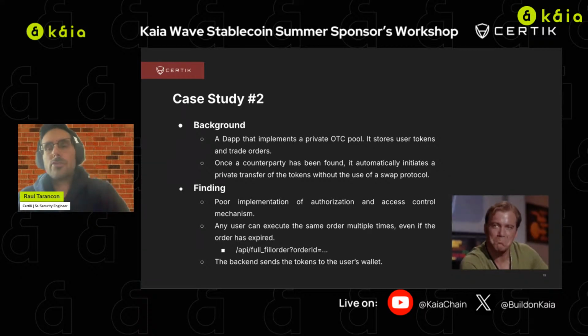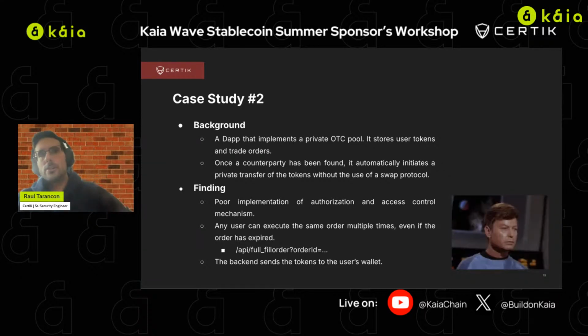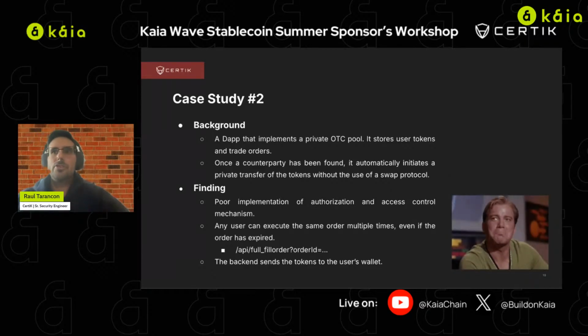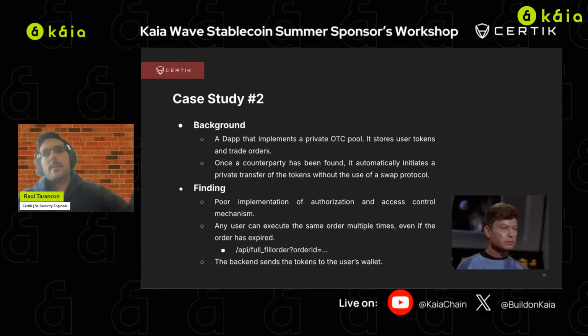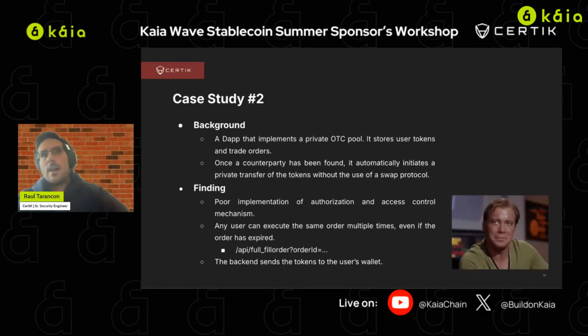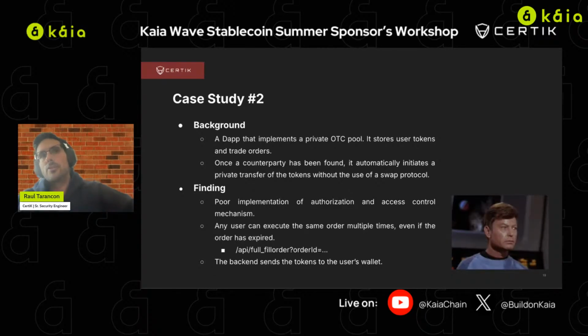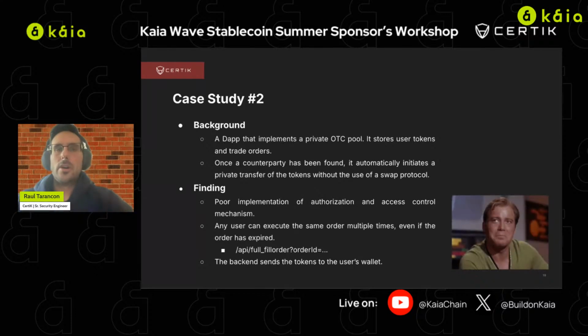The DApp stores user tokens, and the user can create different orders to exchange tokens, and this DApp was in charge of executing these orders and sending the tokens to the user.